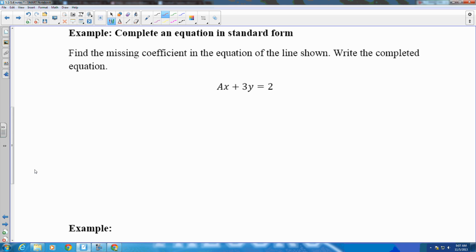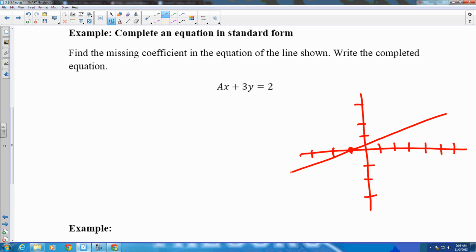Find the missing coefficient in the equation of the line shown. I'm not sure why my graphs are not showing up, but I can just sketch them quickly. It's no problem. Okay, here's what the graph looks like approximately.